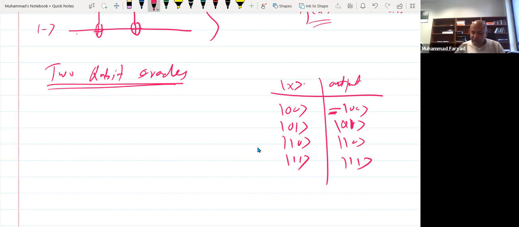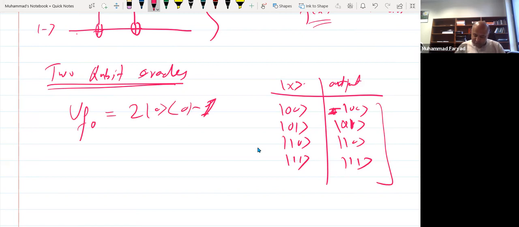And we require this to implement our function U_f0 in the Grover oracle, because U_f0 was 2|0⟩⟨0| minus I. So this is actually equal to this thing, but this is equivalent, and this will essentially do the same work except for the global phase.